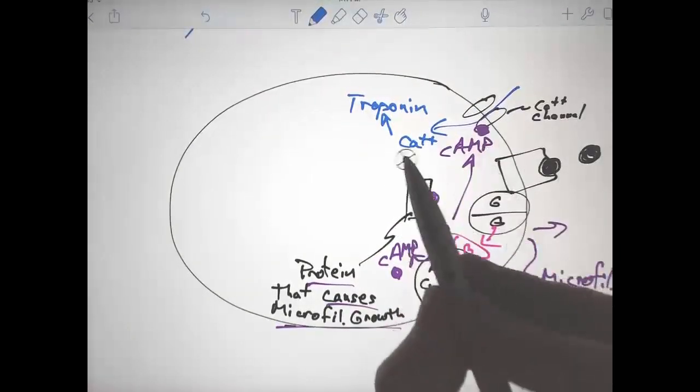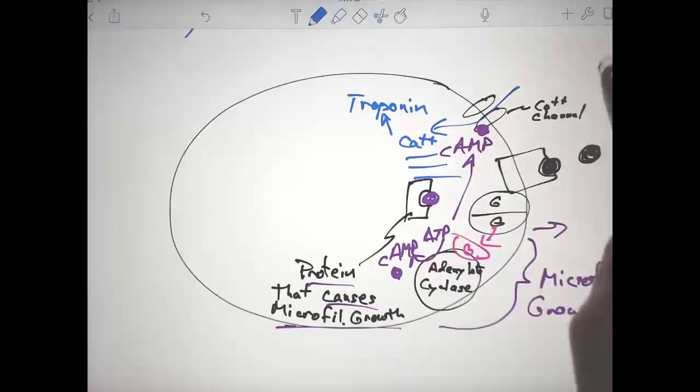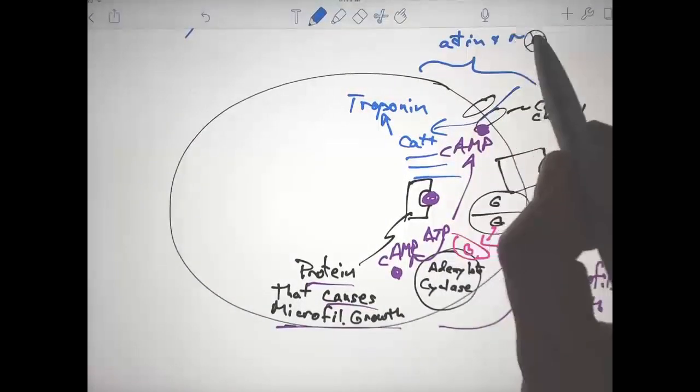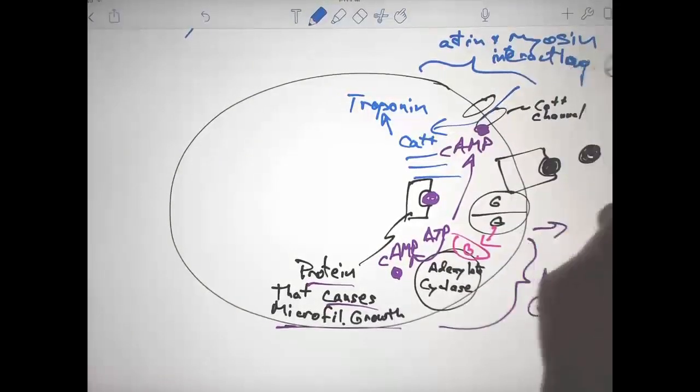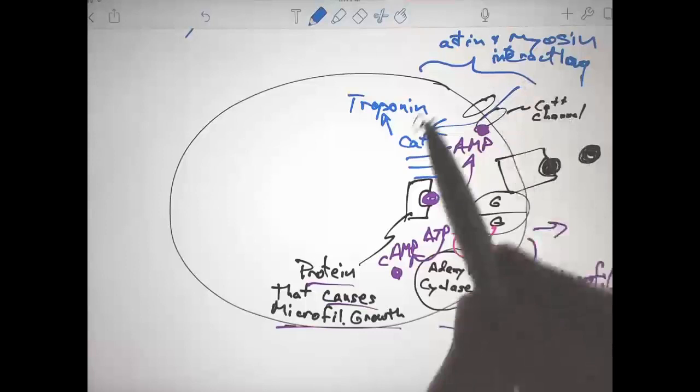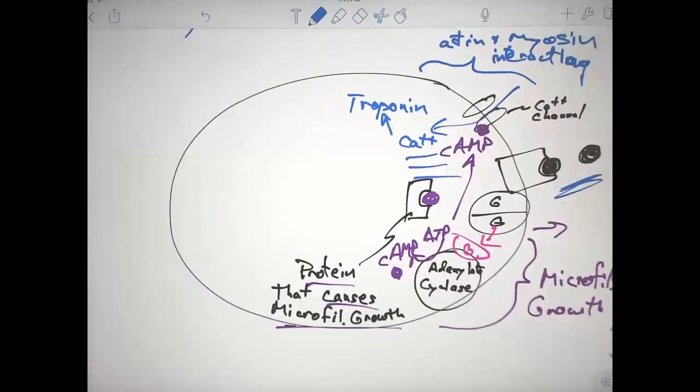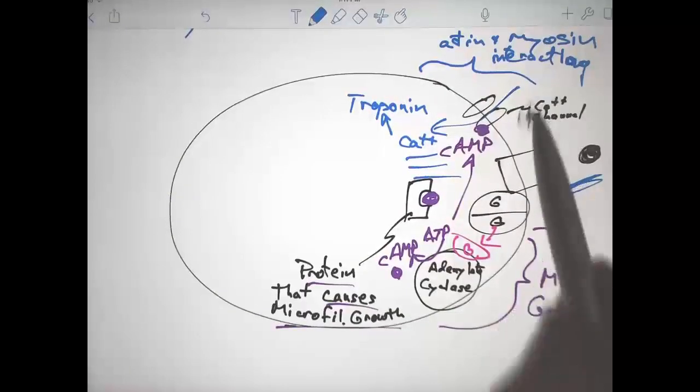Again, if the calcium is only in this advancing part of the cell, then actin and myosin will be interacting only here. So only in the area where the receptor is binding would you get microfilament growth and or actin and myosin movements.